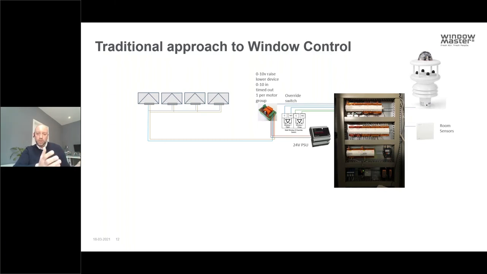And here we're just looking at a single bank of windows, and you can see typically we might have a keypad input to the BMS to allow the users to override the windows, and we would have a 0 to 10 volt raise lower device or something similar that the BMS can then output a 0 to 10 volt signal to, and then a power supply unit. And that's for each bank of windows. That's typically the arrangement that we have, and at this level it looks fairly simple, no issues there.